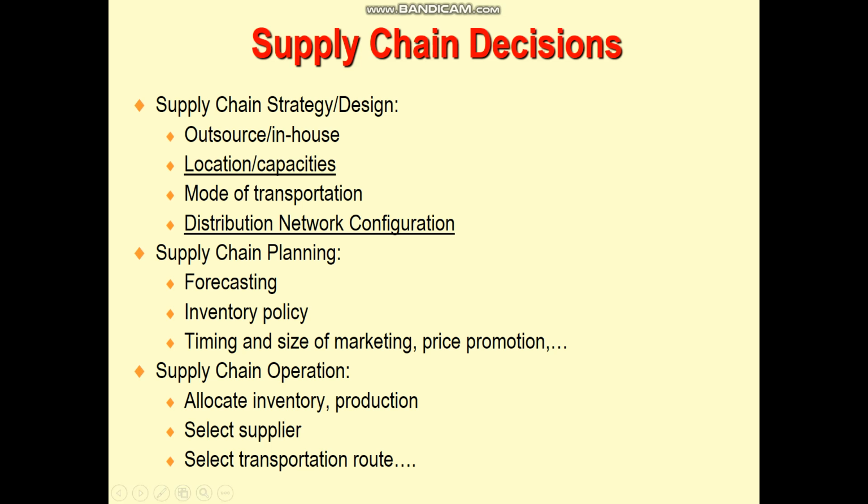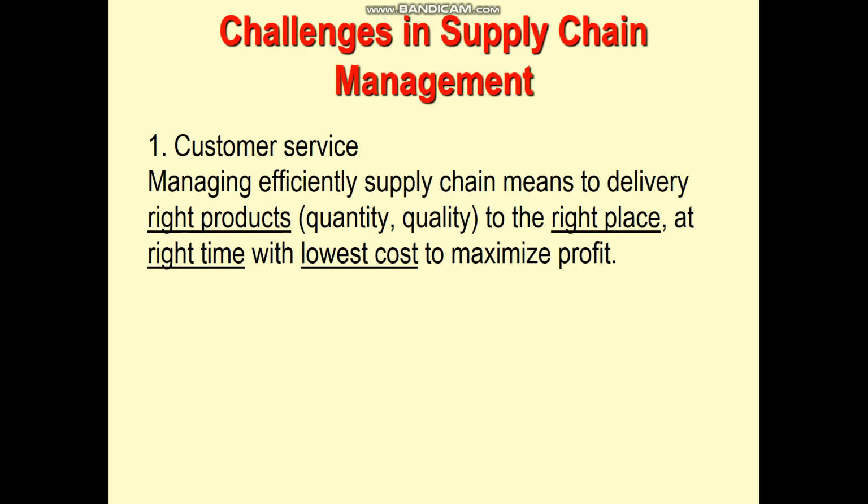And the next one is supply chain operation. This one is only short term. You allocate inventory and production, and decide how to select suppliers or the transportation route.